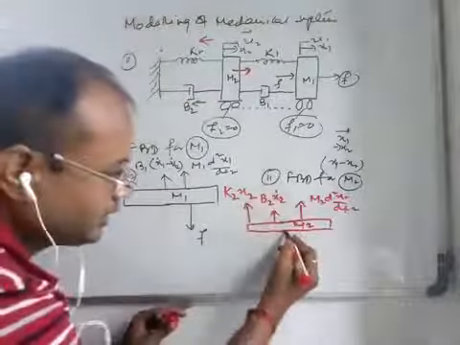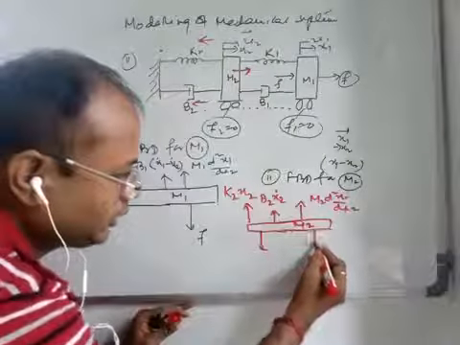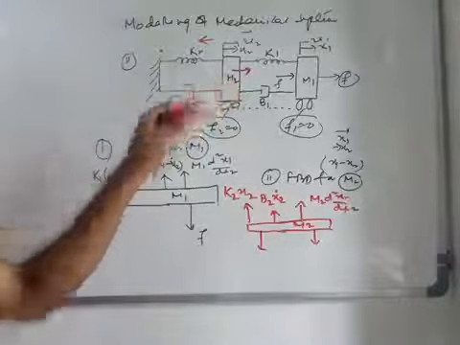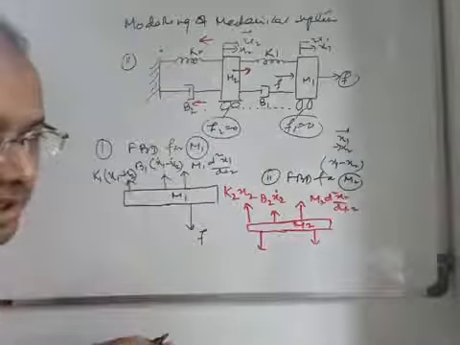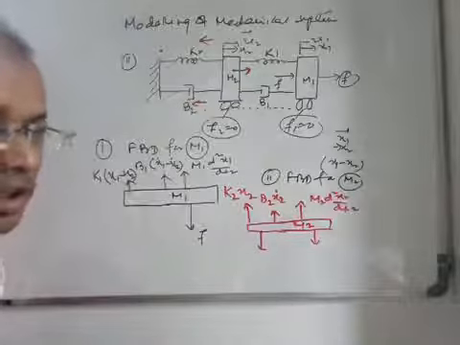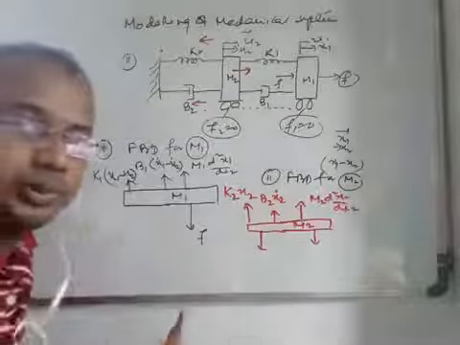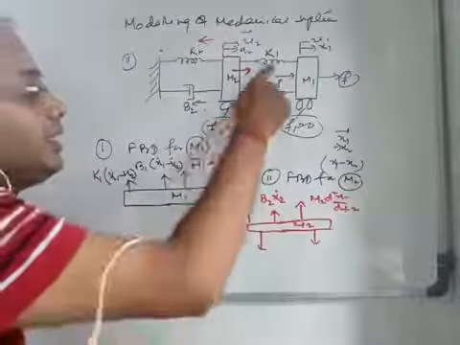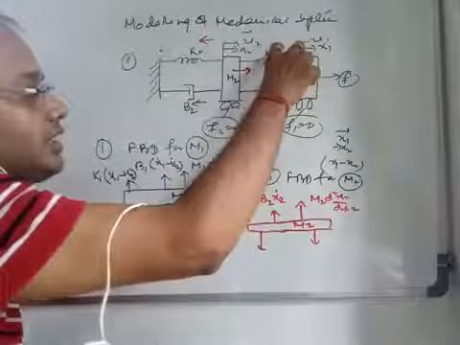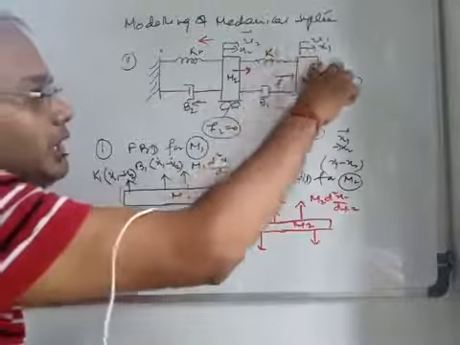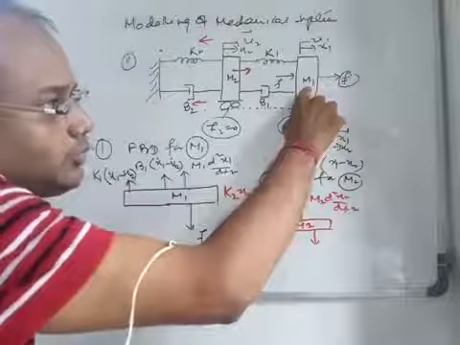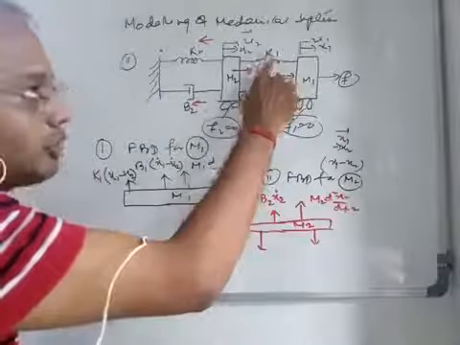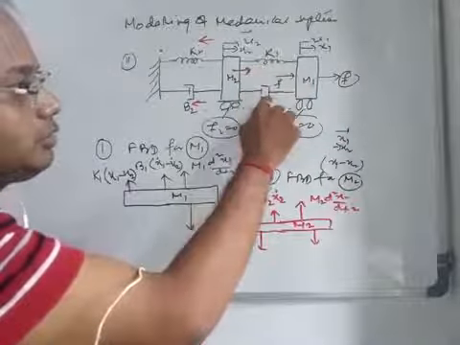And in this direction, when you just consider the mass m2, then what will be the actual forces? External forces are not there, so the forces acting on the mass m2 to move it by a displacement of x2 are through the storage elements k1 and b1. Because once a force was applied to m1, some energy was stored, which is due to the force k1 and due to the force b1.